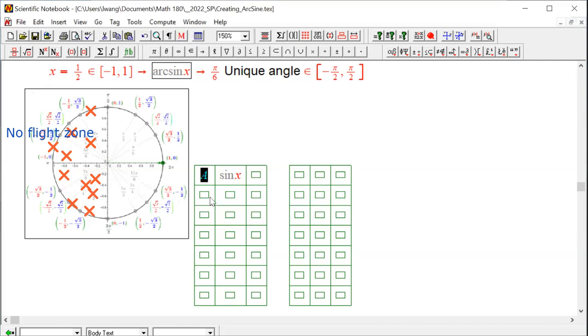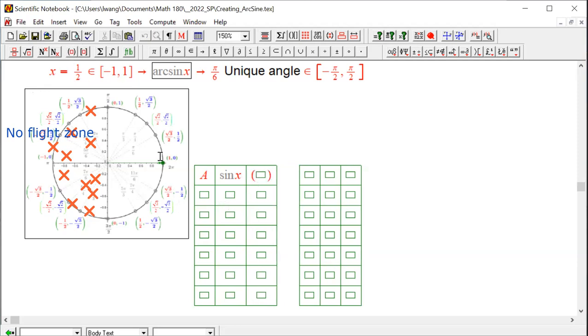So we're going to review what we have done. We go over the blue numbers, starting from -1. What number gives us -1? That's negative pi over 2.